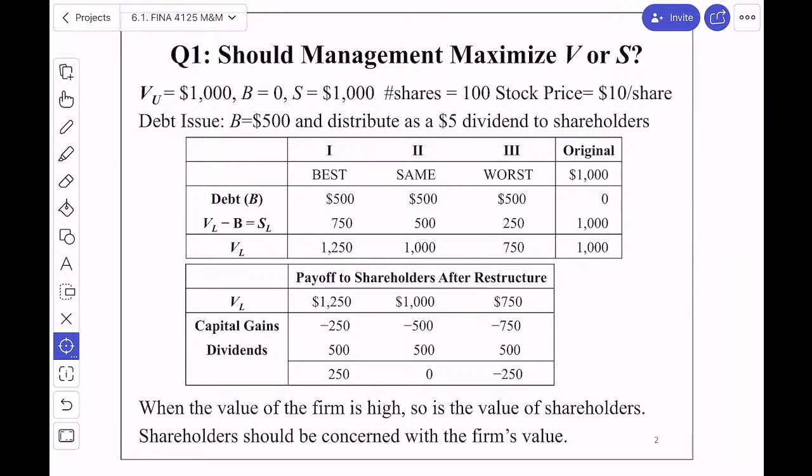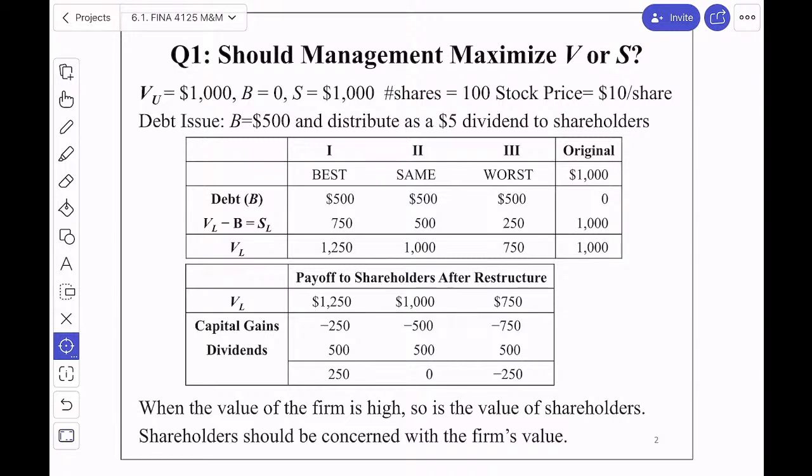If nothing changes, then to retain the $1,000 value of the firm, shareholders as residual claimants would have the value of their shares drop to $500, but the value of the firm remains the same.